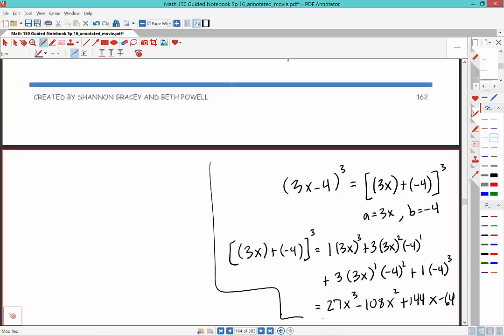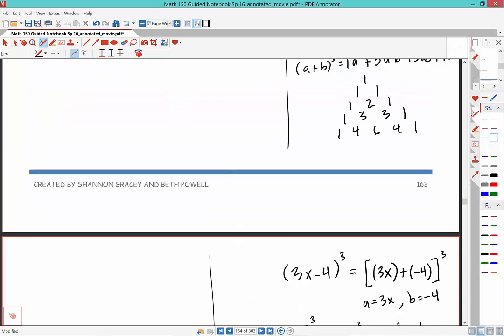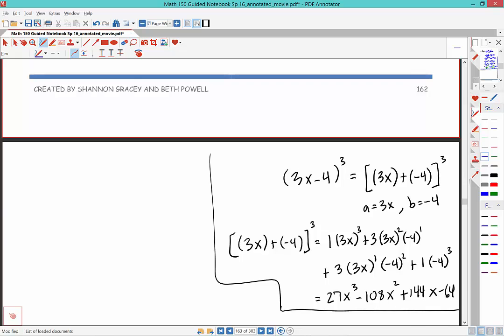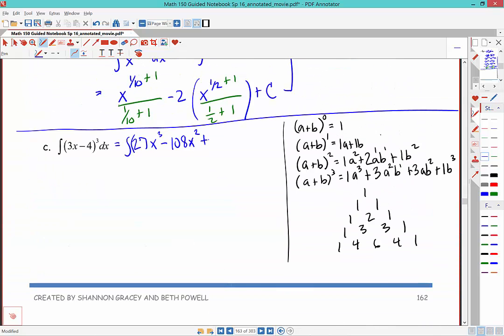So bringing that in to our integral, we can say this is equivalent to the antiderivative of 27x cubed minus 108x squared. What's the next one? Plus 144x. And then minus 64 with respect to x. So now this just ends up being a sum or difference of functions. So I'm going to do it all as one big happy deal.